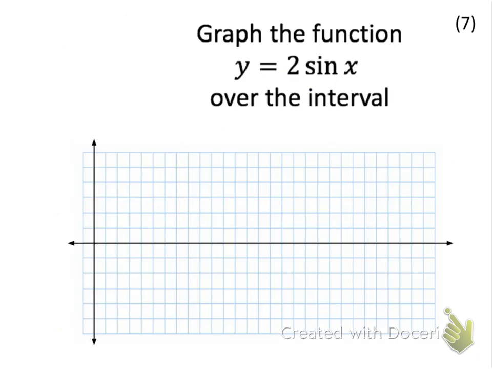For our first main example, we want to graph the function y equals 2 times the sine of x, and we're going to do this over the interval 0 to 360 degrees. So similarly to how we labeled our radians, we're first going to start at the origin, 0, and we will end at 360 degrees.